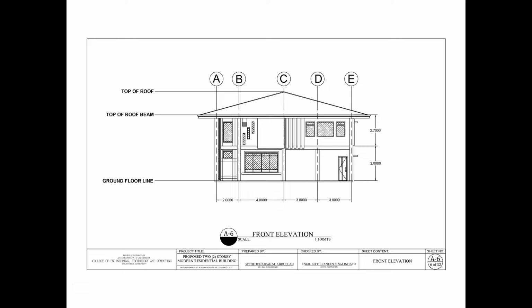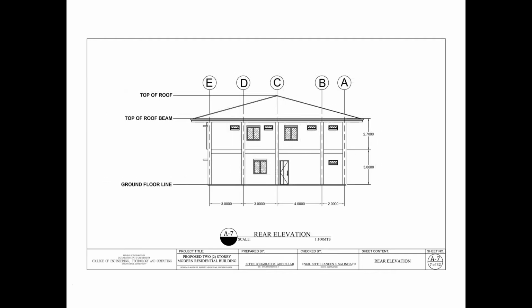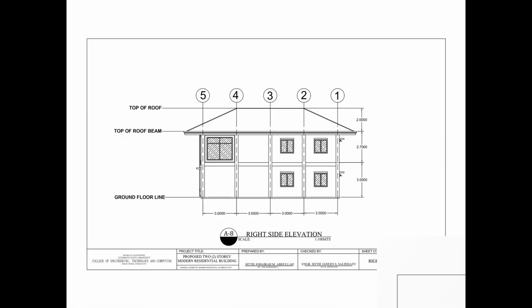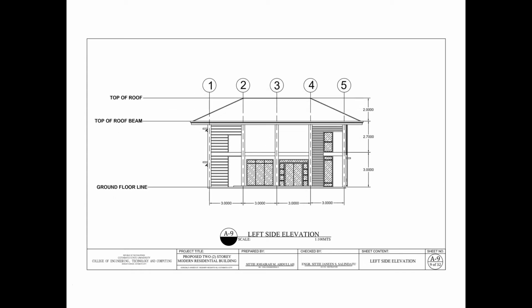On the other hand, the material that I use for the roof is asphalt shingles, same with the other elevations. So these are the rear elevation of my residential building, the right side elevation, and the left side elevation.